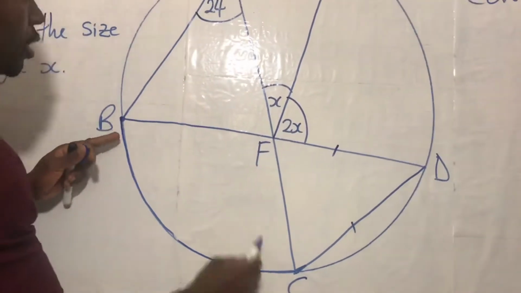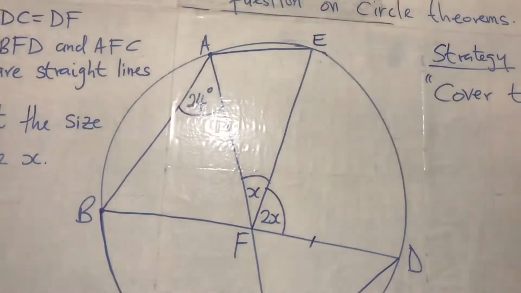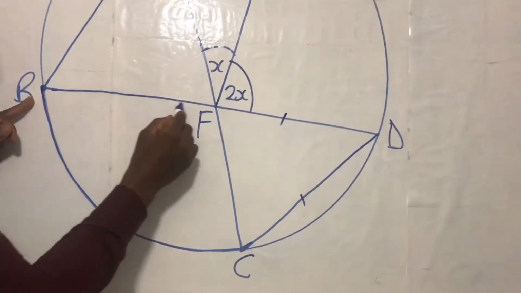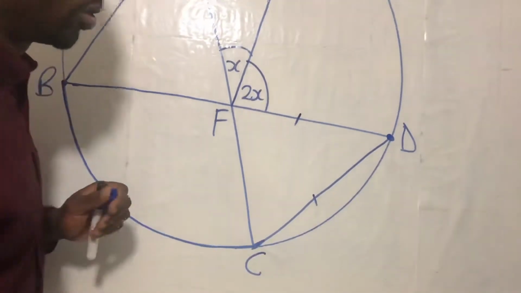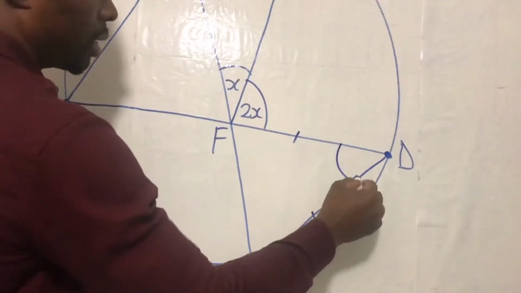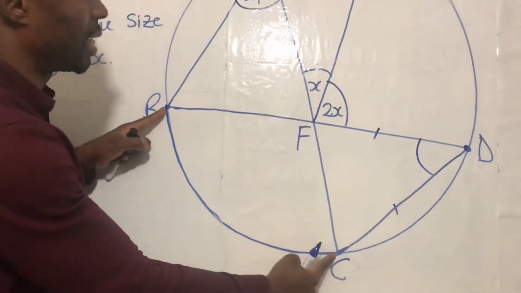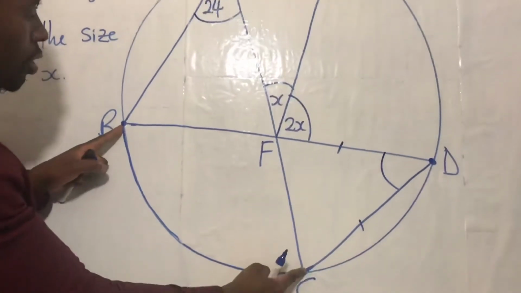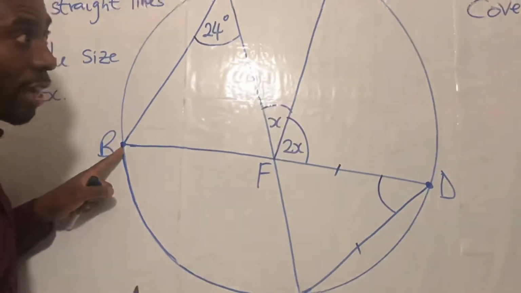This arc BC subtends an angle of 24 degrees at the circumference at the point I. The same arc BC subtends an angle at the circumference at D. So one of the circle theorems says that if an arc, for example BC, subtends an angle at the circumference, then the same arc subtends an angle at another part of the circumference, and the angle will be the same.